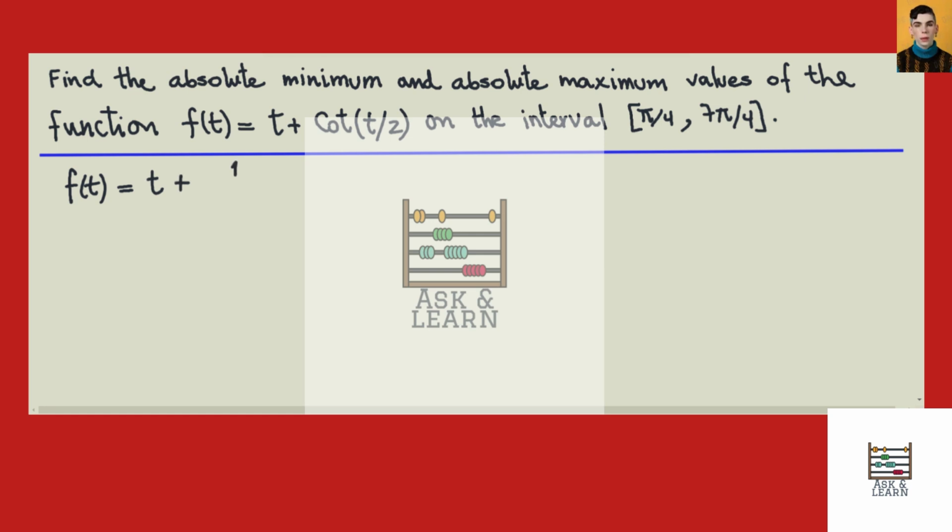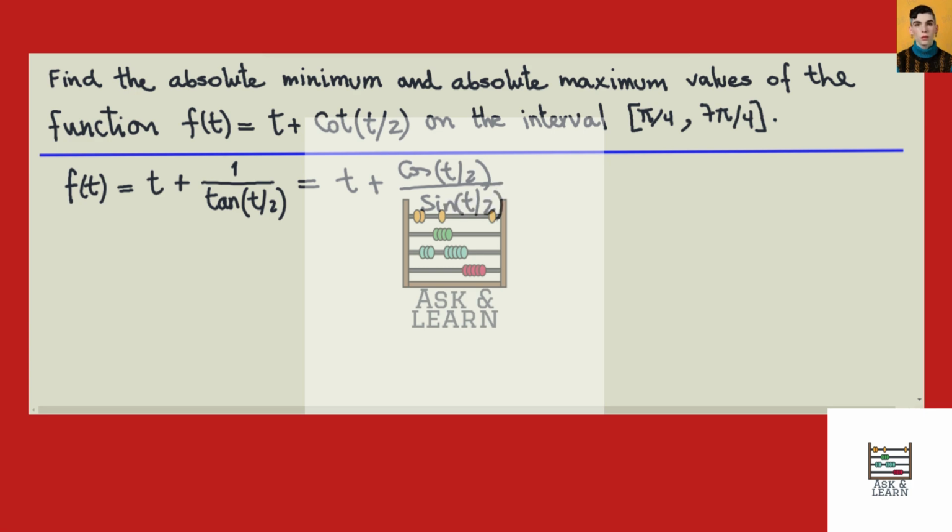We know that that's 1 over tangent of t half. And because tangent of t half is sine of t half over cosine of t half, we will have here t plus cosine of t half over sine of t half.